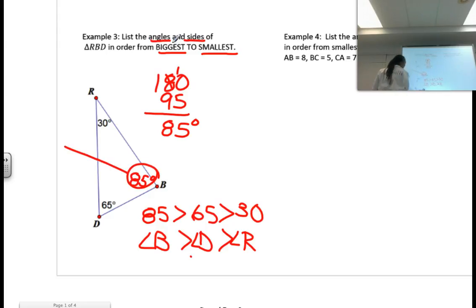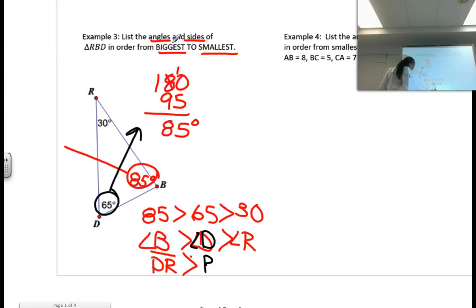So our longest side then is going to be DR. And it's greater than our next largest angle, angle D, and its opposite side RB. And our last one then is going to be the 30-degree angle, which is opposite side DB.